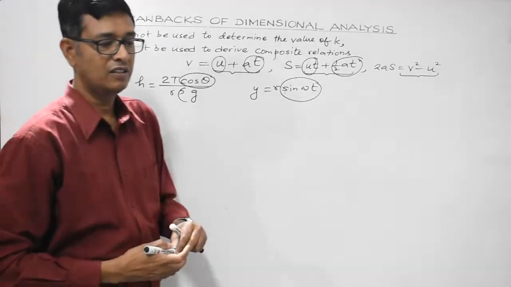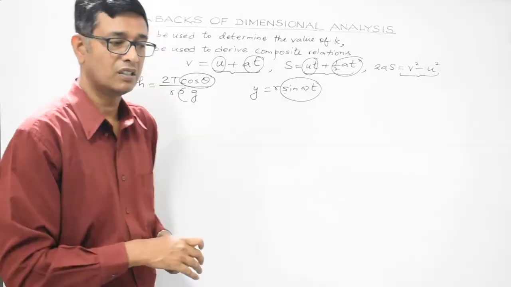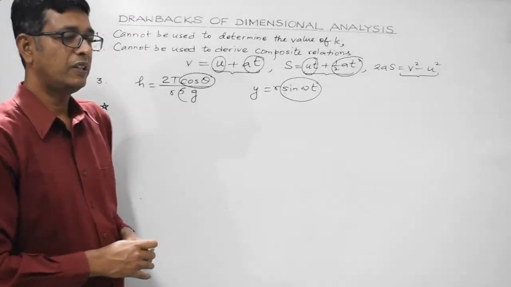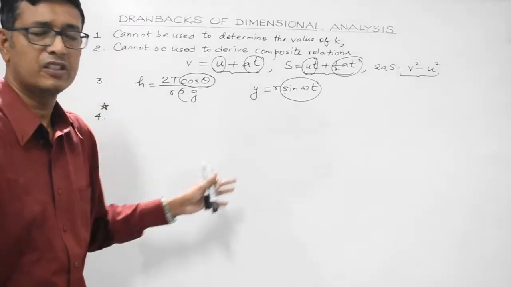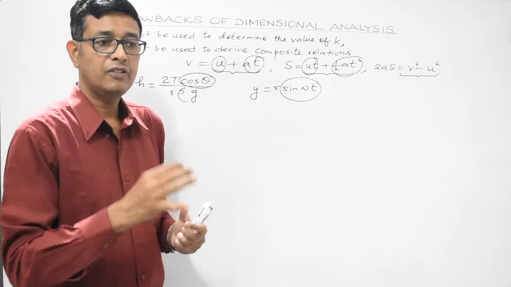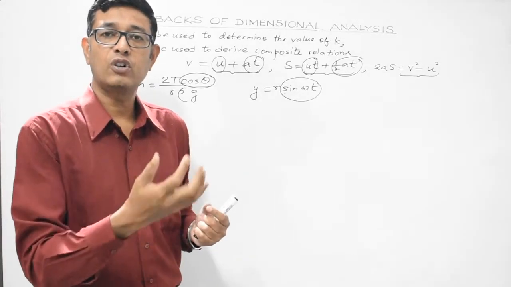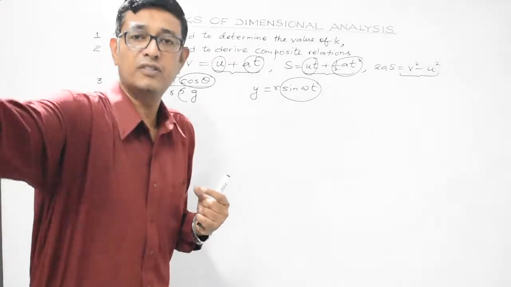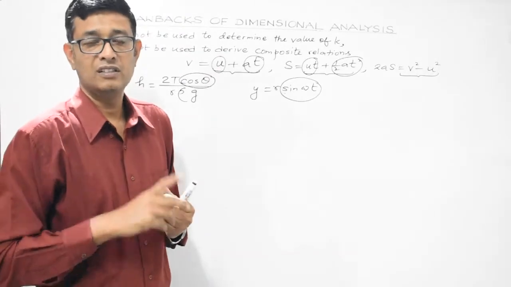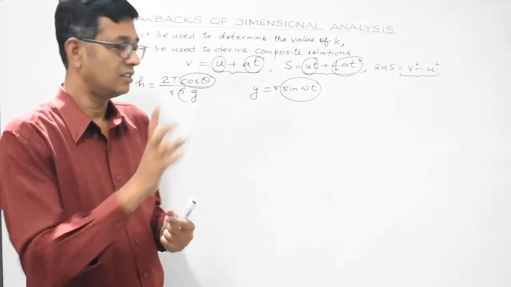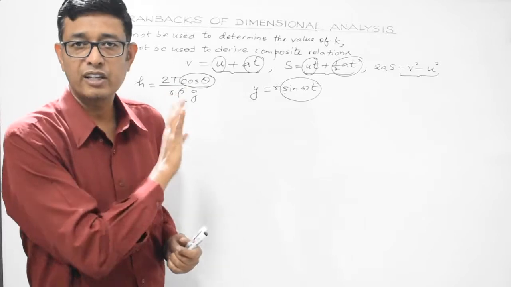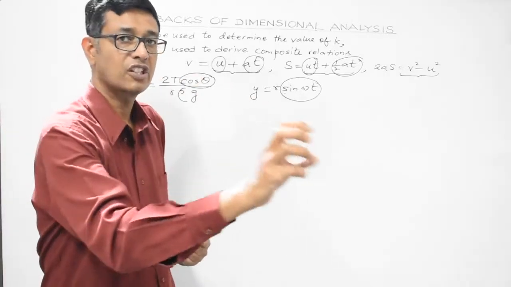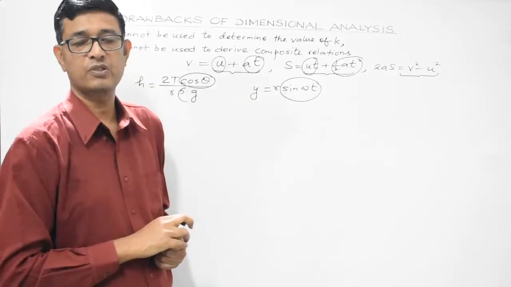Fourth, this is a very, very important point. We'll discuss it with the help of a numerical. Fourth is basically, in a physical phenomenon, if a physical quantity is dependent on more than 3 other physical quantities, then in such a case, dimensional analysis cannot be used to derive such formulas or relationships. Right?